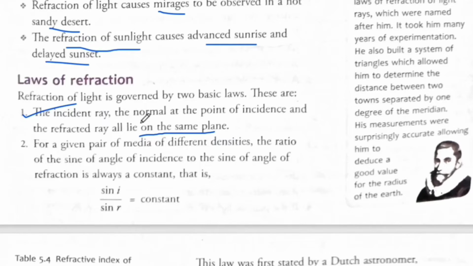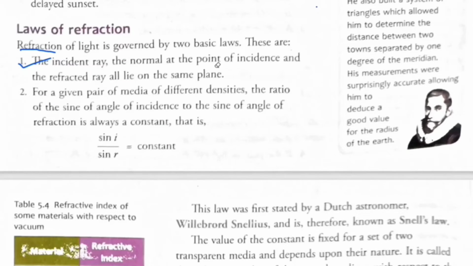It means the incident ray strikes at the point of incidence that lies on the surface of separation of the two media, and the refracted ray also comes out from that point of incidence at the surface of separation. All these, incident ray, normal, point of incidence, and refracted ray, lie on the same plane.